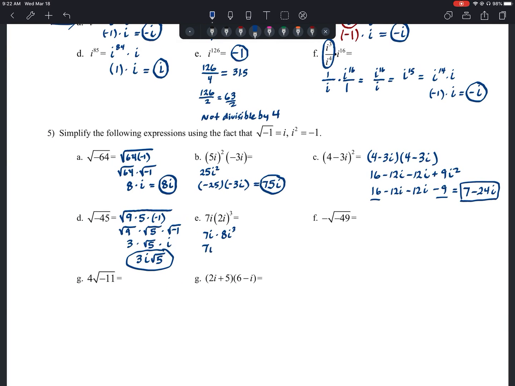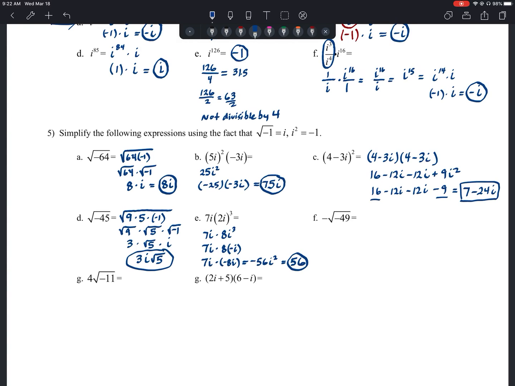So this is saying 7i times 8 times a negative i, which gives us 7i times negative 8i, which is going to give us a negative 56i squared. But we know i squared is the same as negative 1, so this is going to end up being a positive 56.